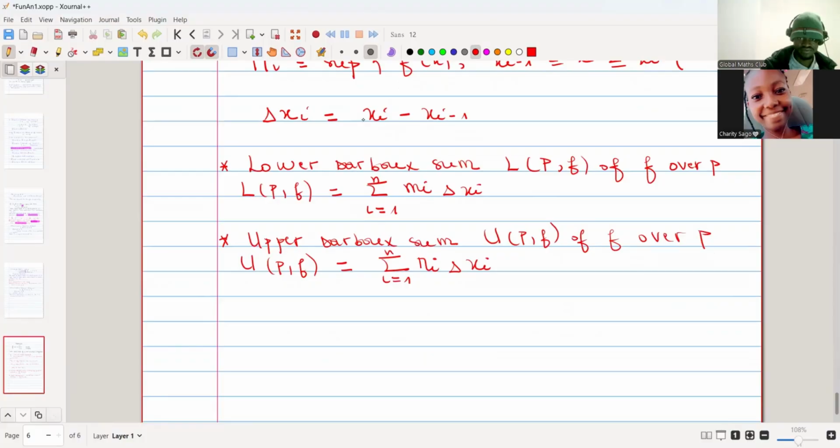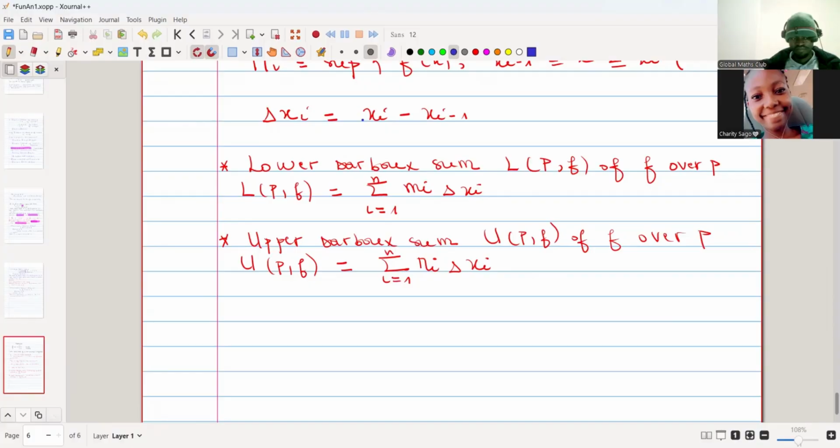Now, we are going to define also what we call the lower double integral and the upper double integral. The lower double integral depends on the lower double sum, and the upper double integral depends on the upper double sum.